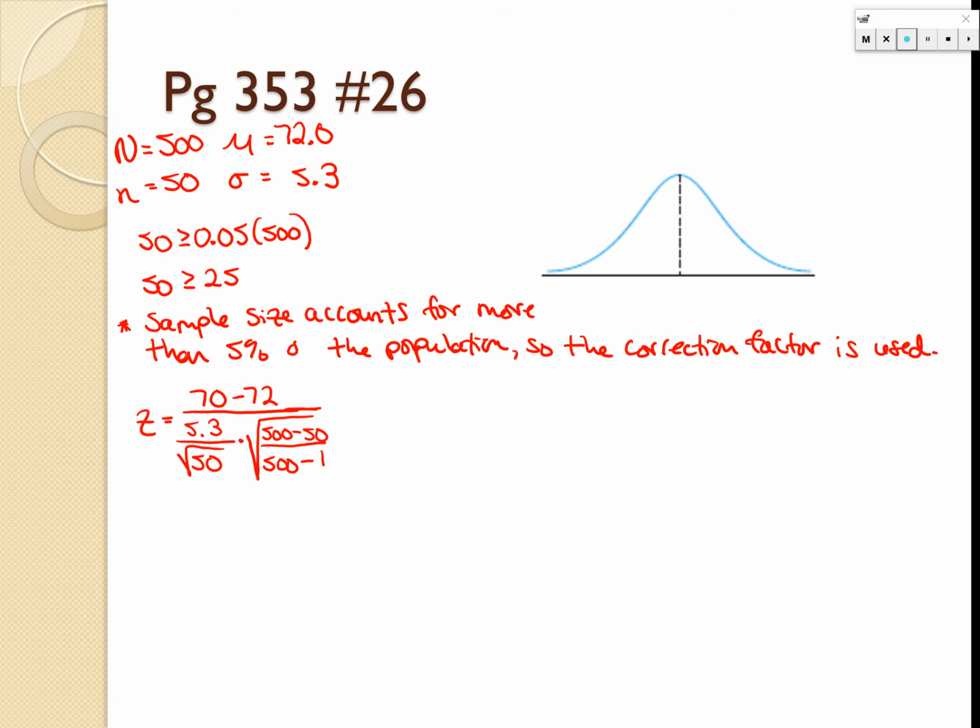Remember, when you see the capital N, that is your population size. I know capital N is not a variable we've used very often, but it represents your population size. So our Z value should roughly come out to be negative 2.81.